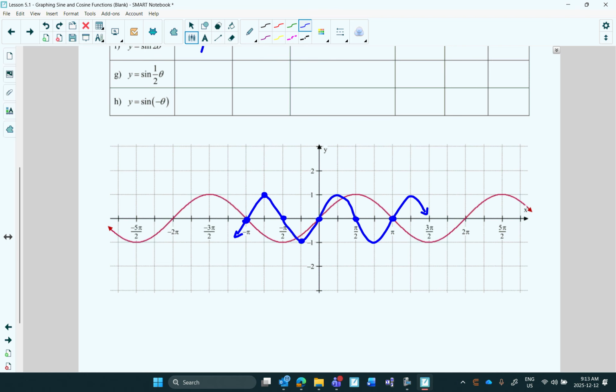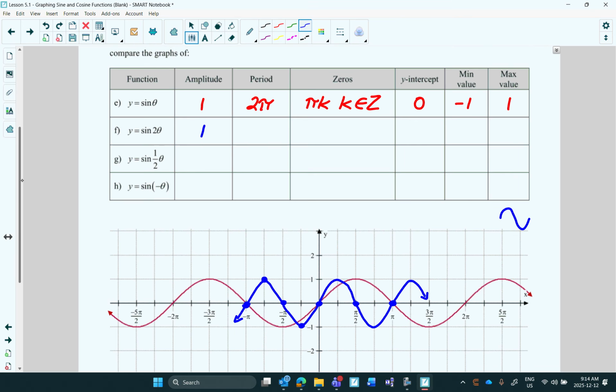So remember the sine graph looks like this. How long does it now take to complete a period? 1 pi, right? Because this tells me it's a stretch of a half, so I have to take half of this. What are the zeros?